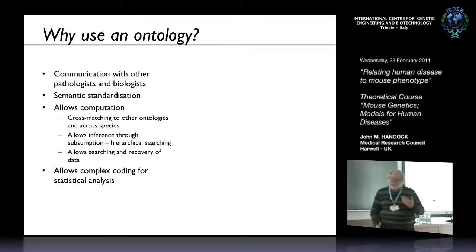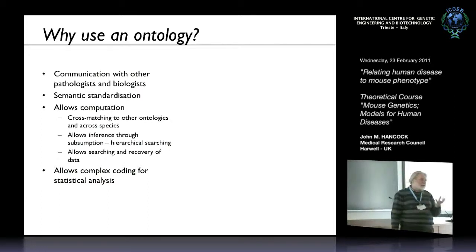And as I said, the point of having these things is that you are encapsulating the knowledge of a particular field, and that allows you to communicate with other people because everybody should understand what you're talking about. There's an element of standardization in the sense that you have a word for something.